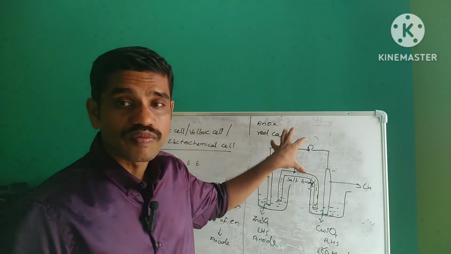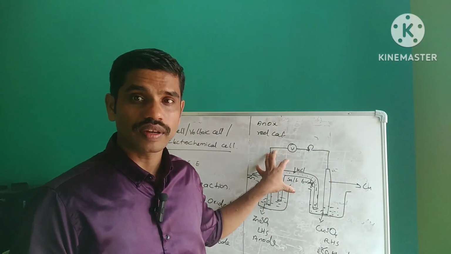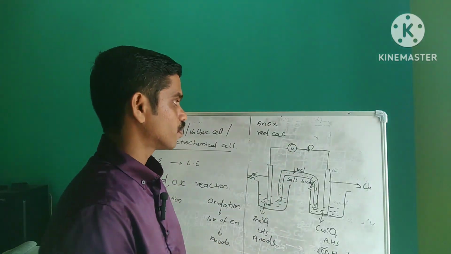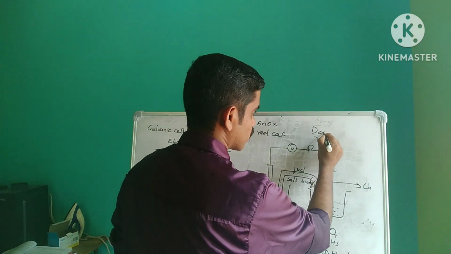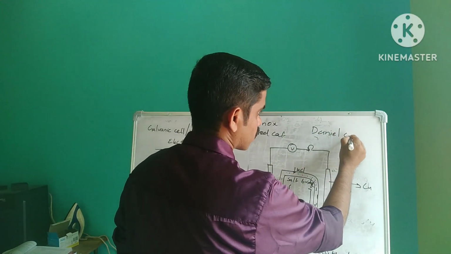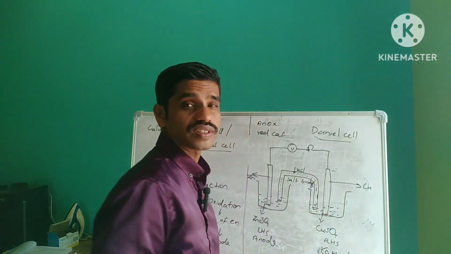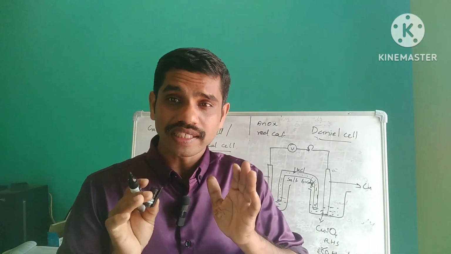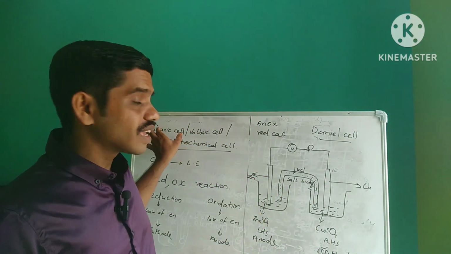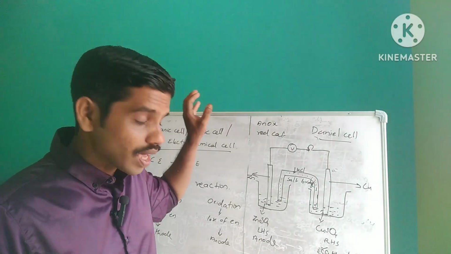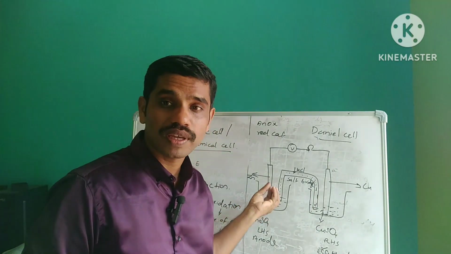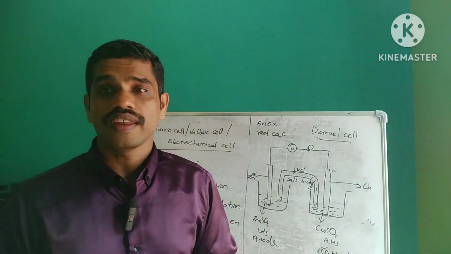So this device you can call a Daniel cell. What is a Daniel cell? Daniel cell is an example of a galvanic cell, which converts chemical energy to electrical energy.